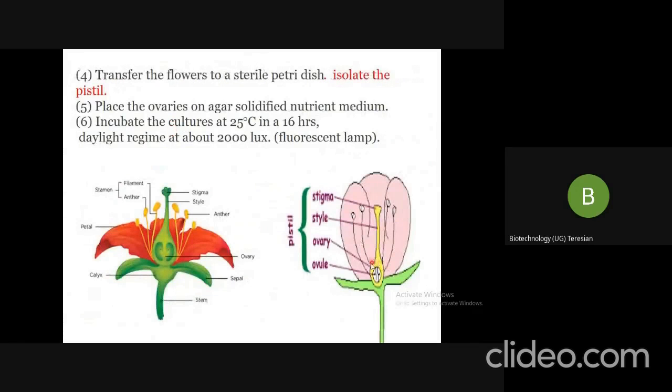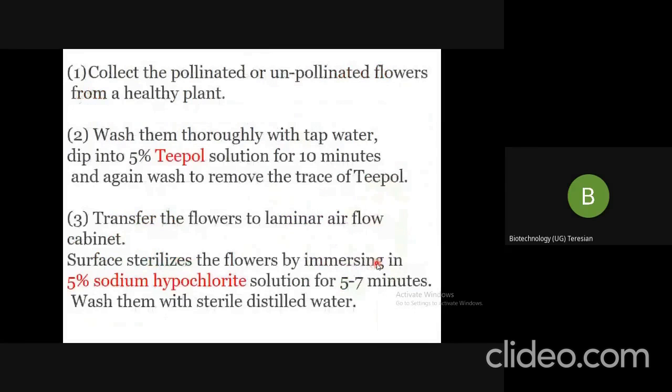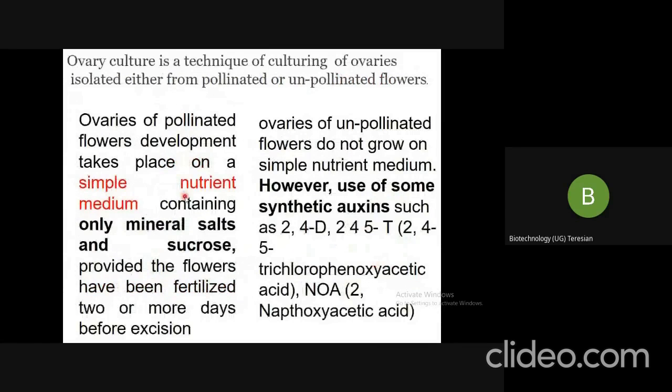This is the ovary, the outer region. This is the pistil. This is your female reproductive organ, right? So, the ovary is the ovule bearing region of the pistil.